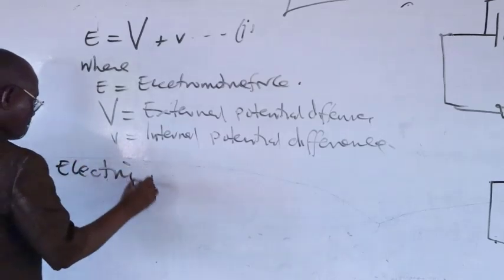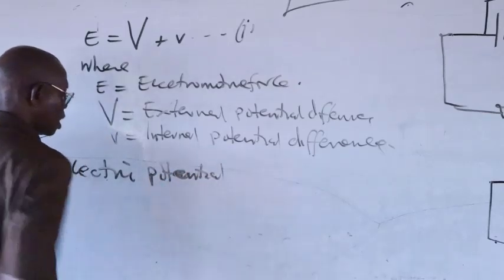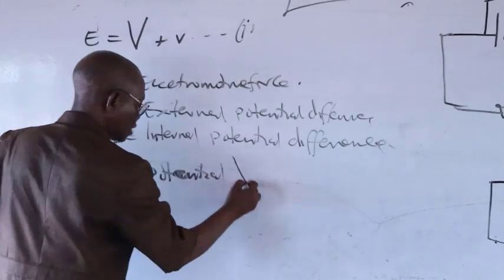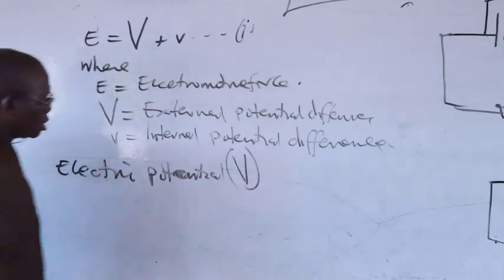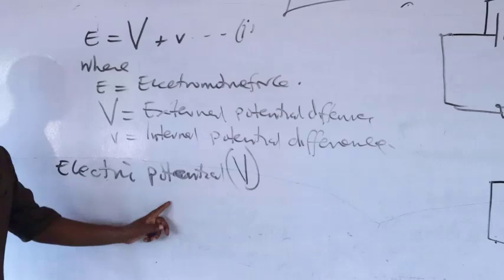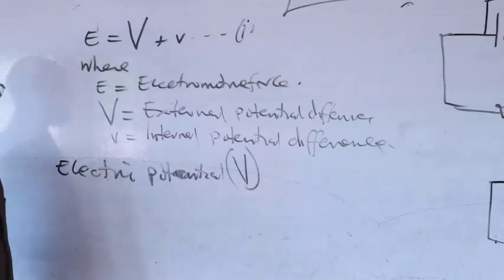If you are to define electric potential, we also represent it as V. How do we define electric potential?